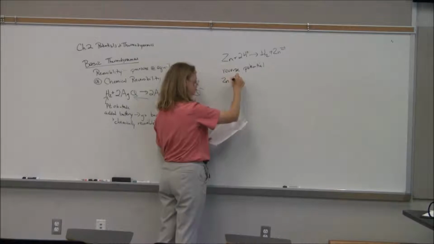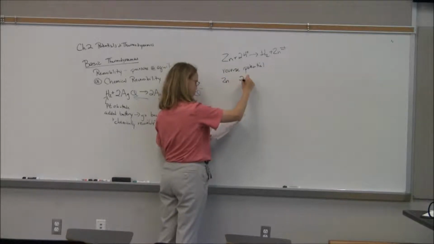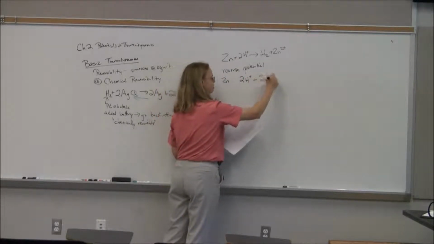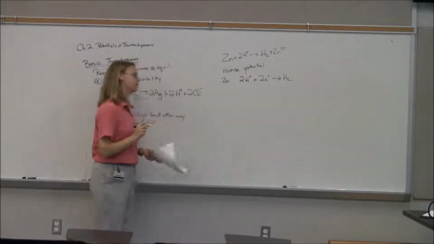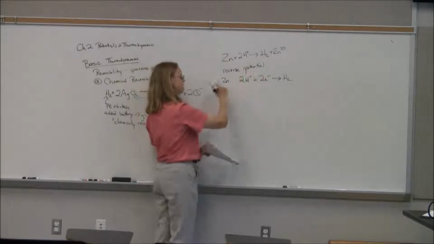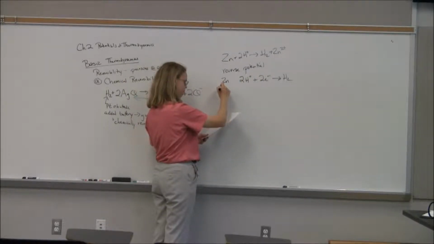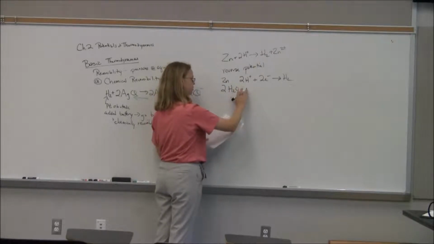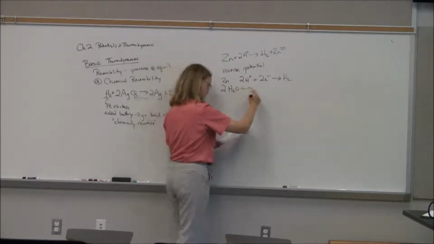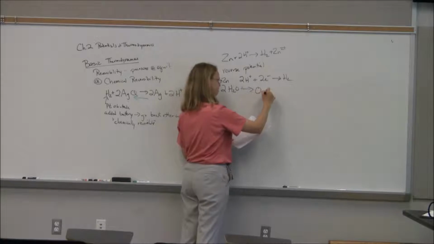At the zinc electrode, it turns out we're going to get hydrogen peroxide, H plus reduction to hydrogen. At the platinum electrode, we end up getting water oxidation.